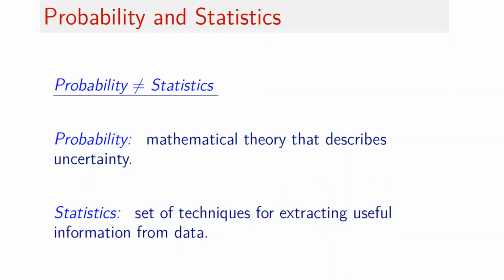On the other hand, statistics is a set of techniques for extracting useful information from data. These techniques are generally derived using probability theory, but other techniques have recently emerged, as you may have heard about machine learning or data analysis, and you can have the answer in a statistical way.